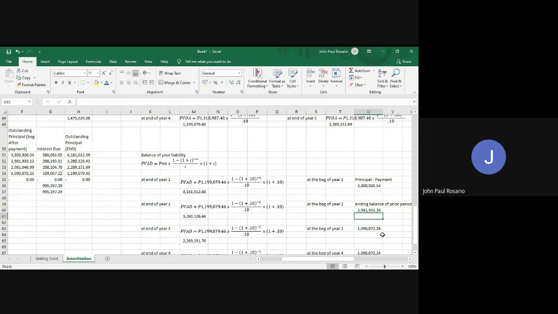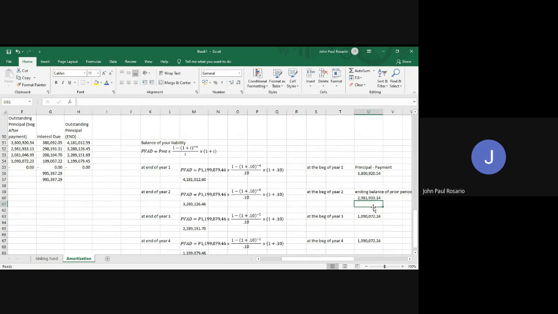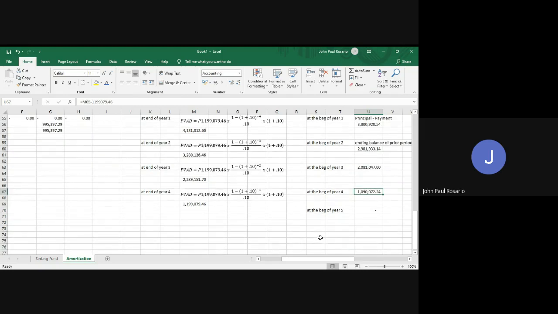At the beginning of year 3, it should be the balance at year 2. Again, at the beginning of year 4, and at the beginning of year 5, 0.